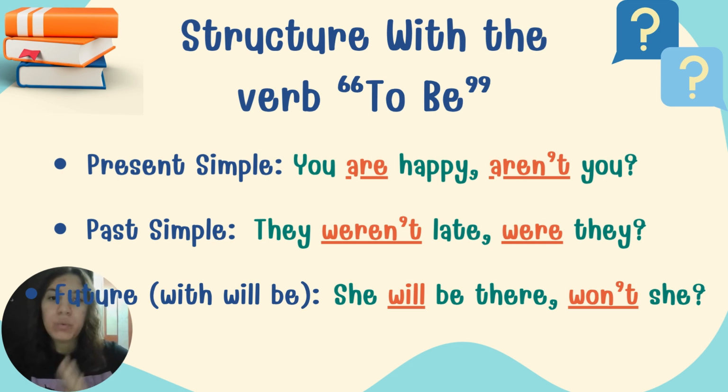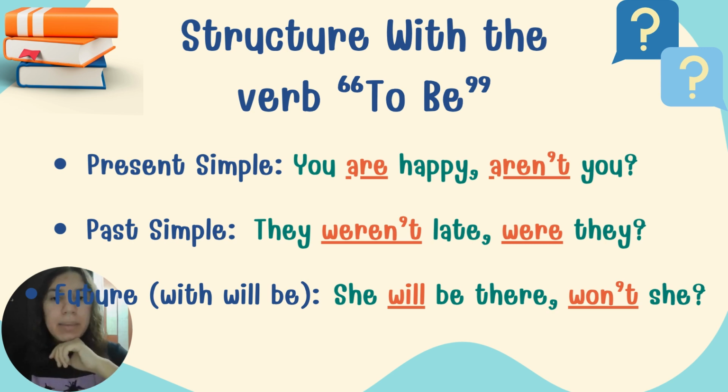For example, with present simple, you are happy. Are is the verb to be, and the question tag will be aren't you? And the sentence is you are happy, aren't you? Or vice versa. You aren't happy, are you?